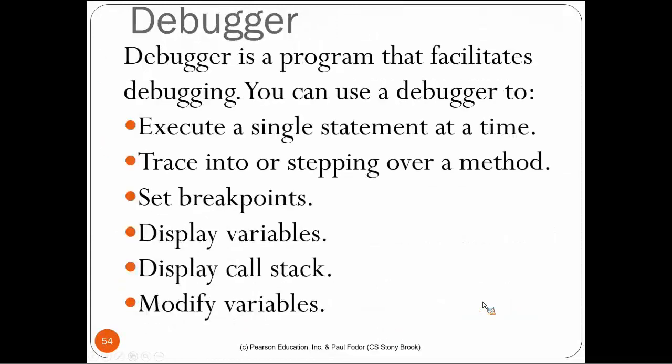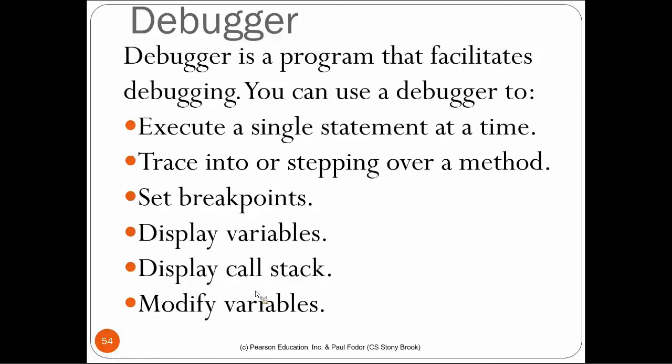So large complex programs should be debugged using a debugger utility, like the one that we saw in Eclipse. It's a program that executes statement by statement, one statement at a time. It traces into methods and stepping over methods. It allows you to set breakpoints. It would display the variables available in that specific method.